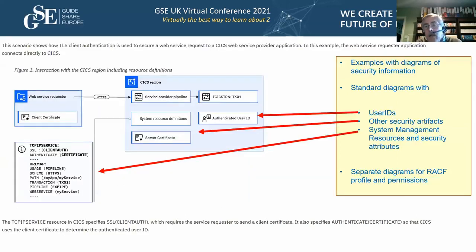One of the things that we're gradually getting through is having diagrams in a common format which show the flow of all of the various artifacts in security, and it will show the user IDs as they flow through the system. It will also show the security aspects of resource definitions, SIT definitions, and RACF definitions, so that you can see everything that is appropriate to a particular configuration.